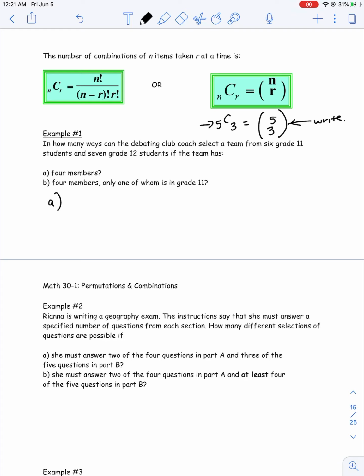It says 6 grade 11 students and 7 grade 12, so together I have 13 people to choose from, and I have to make a 4-member team. And what we're doing is we're assuming that they're all doing the same job, which is why order does not matter.